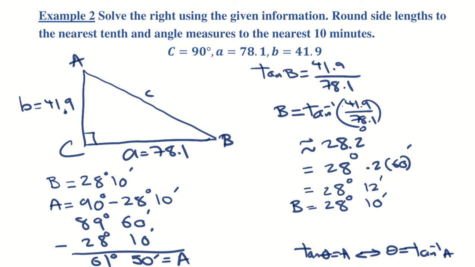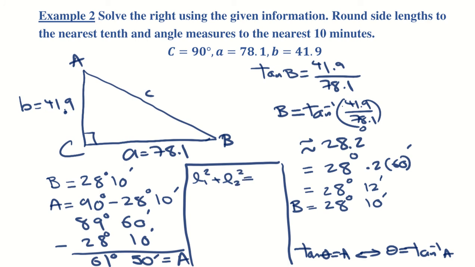So that, of course, we don't even need trig functions for, because we have two sides of a right triangle, and all we need to do is go ahead and use the Pythagorean theorem. L1 squared plus L2 squared equals hypotenuse squared.